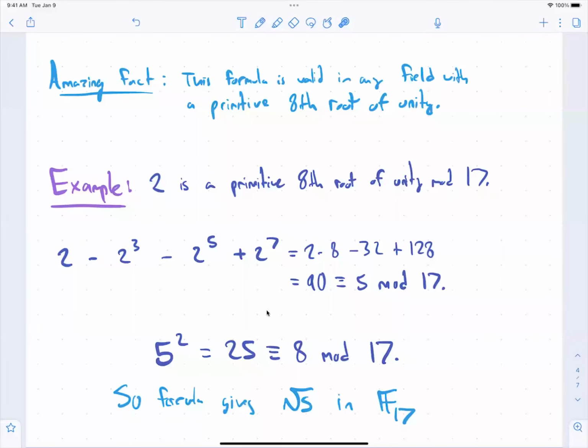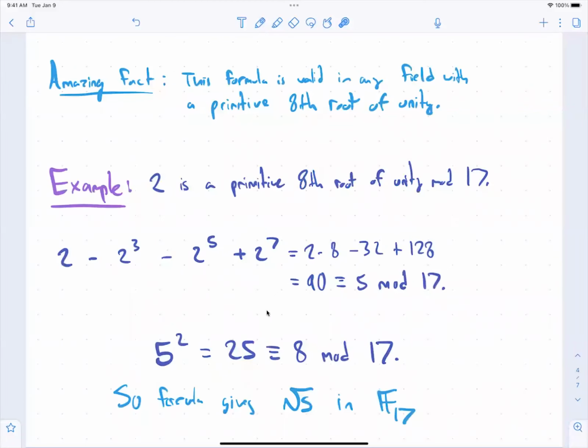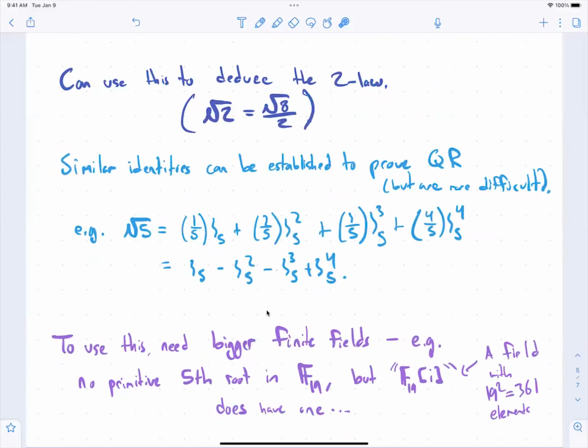And how is this related to quadratic reciprocity? Well, you can actually use this to deduce the law for 2. This formula lets you deduce a law for when 2 is a square modulo p. Basically, the reason is that it produces a square root of 8, but if I have a square root of 8, I get a square root of 2 by dividing by 2.